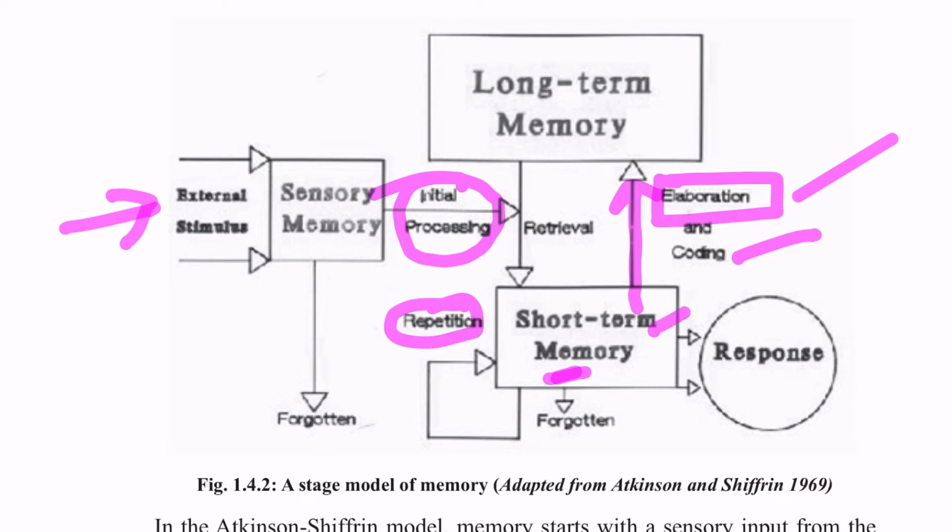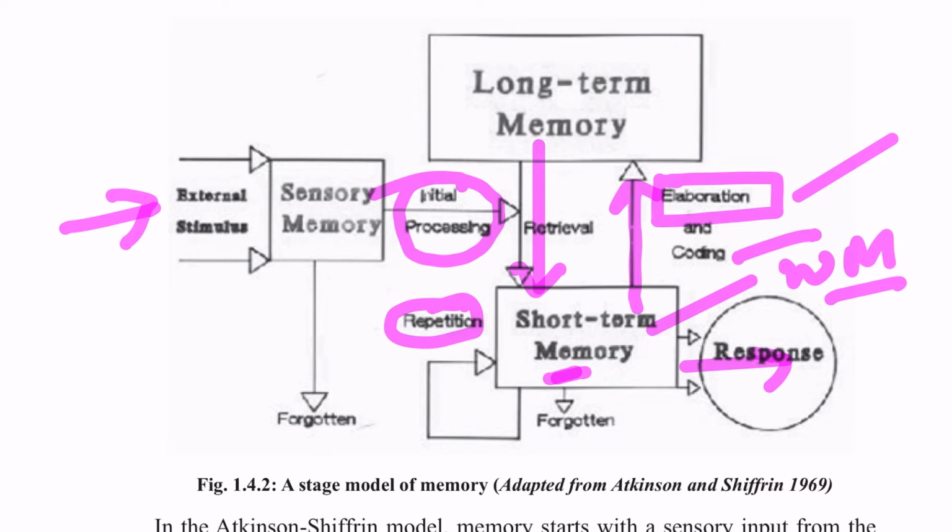We also call short term memory working memory, because it is the place where information comes from long term memory so that we can process it and give a response. Suppose you want to drink water: how you will drink, where you will take the water from, all of that is based on previous experiences stored in long term memory.